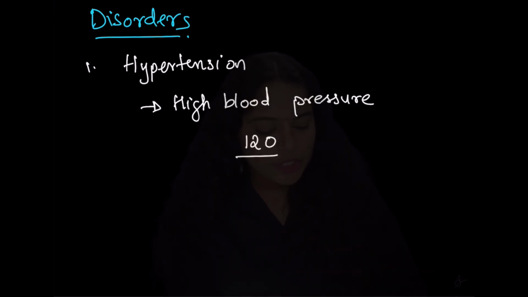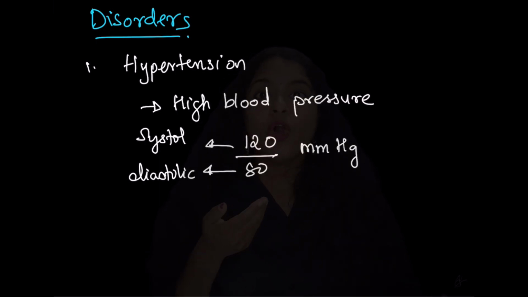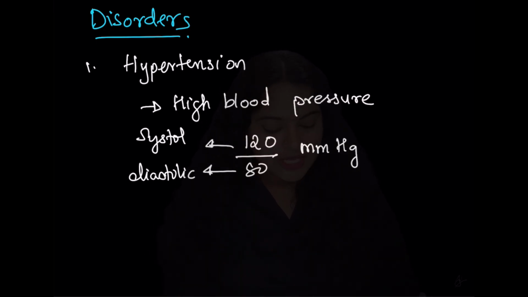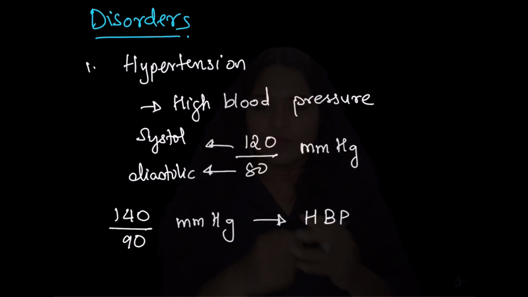Normal blood pressure is 120 by 80 mmHg. 120 is the systolic pressure, and 80 is the diastolic pressure. On repeated checks, if the blood pressure is always above 140/90 mmHg, that condition is known as hypertension or high blood pressure.